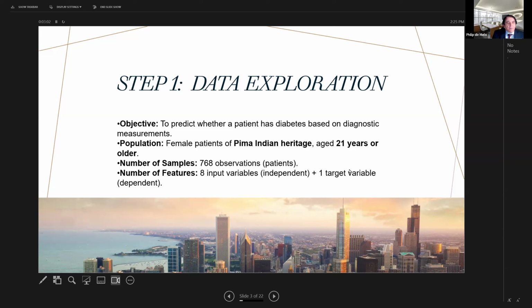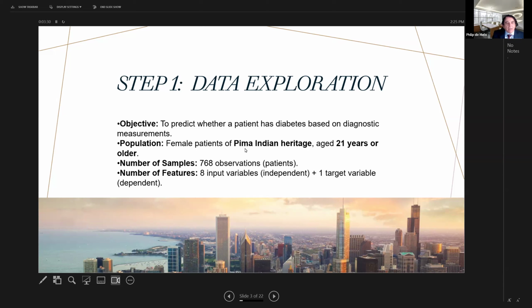We have 8 features. And the target, also called the output, is 1 or 0. It's binary classification. A person who has diabetes is, let's say, 1, and who doesn't have diabetes is 0.